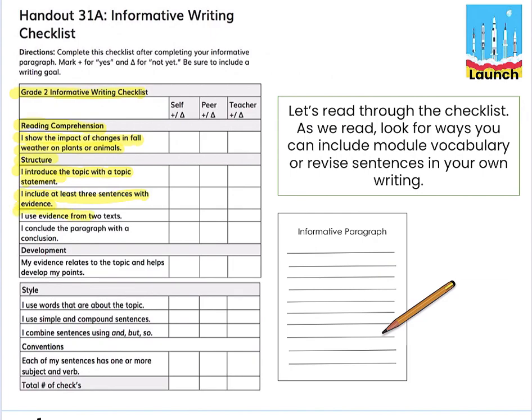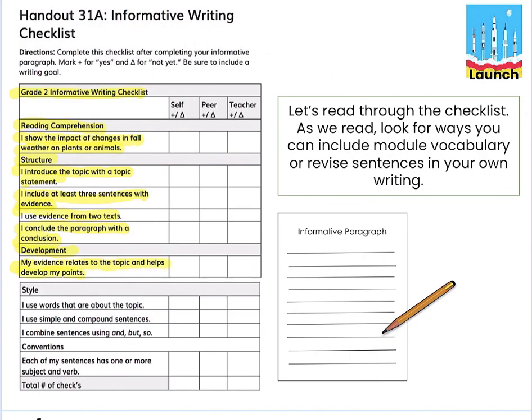I use evidence from 2 texts. We've read quite a few different books with this module. We don't want to just focus on one. We want to use more than one text to show evidence. And then I conclude the paragraph with a conclusion. We have development. My evidence relates to the topic and helps develop my points.